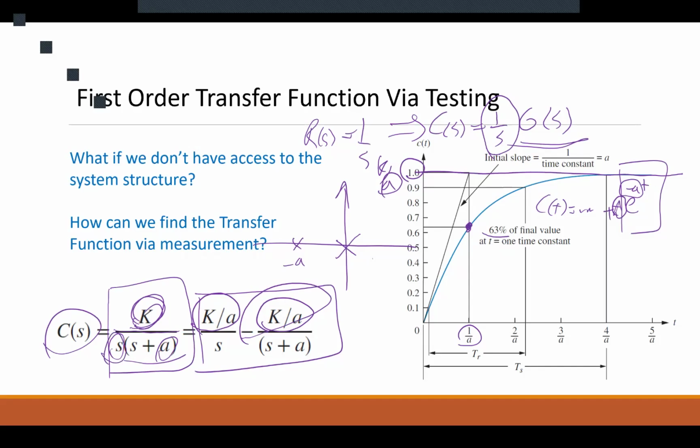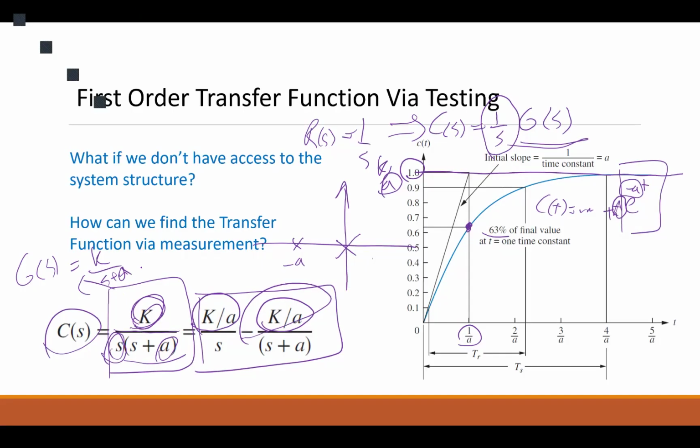I know this 1 over s is for the input, so my transfer function, G(s), is going to be the rest, which is K over s plus a. So I find my transfer function from the response of a system. Are we good? We determine C(s), then K.